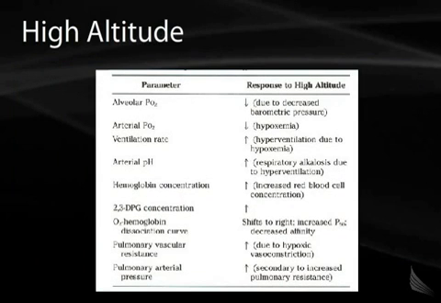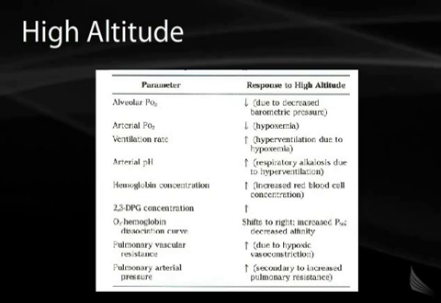Reviewing once again, alveolar PO2 is going to decrease because of a decrease in atmospheric PO2. Because of this decrease in alveolar PO2, our arterial PO2 will go down as well. Ventilatory rate will go up in response to both hypoxemia and to the general stimuli of exercising at high altitude.